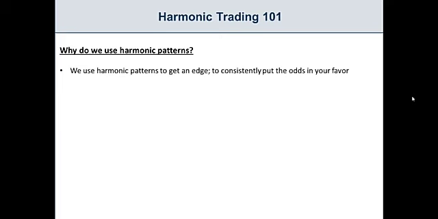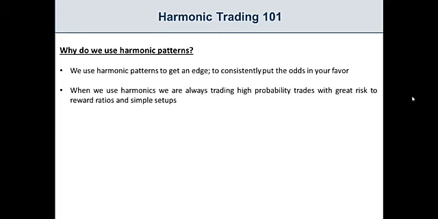For example, when we use harmonics, we are always trading high probability trades with great risk to reward ratios and simple setups. The setups are simple, but the complicated thing about these patterns is learning how to draw them. Once you get the actual ratios that are in play in the cycles, it will become very easy to you.